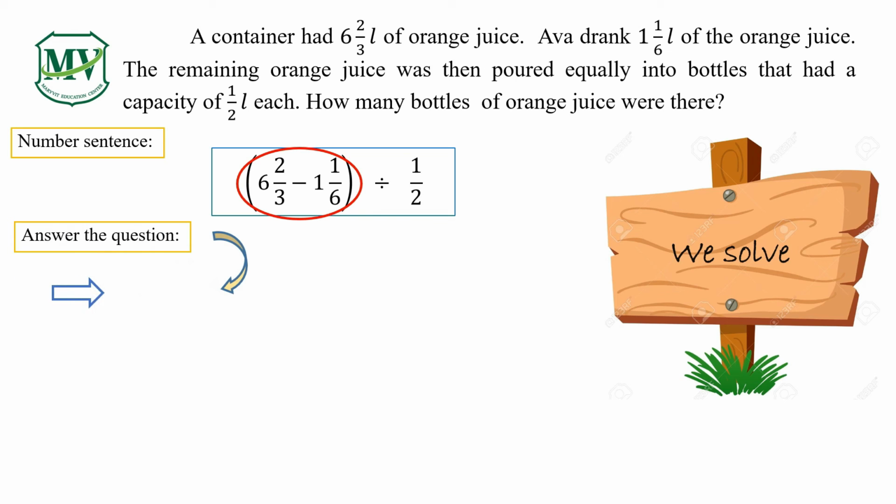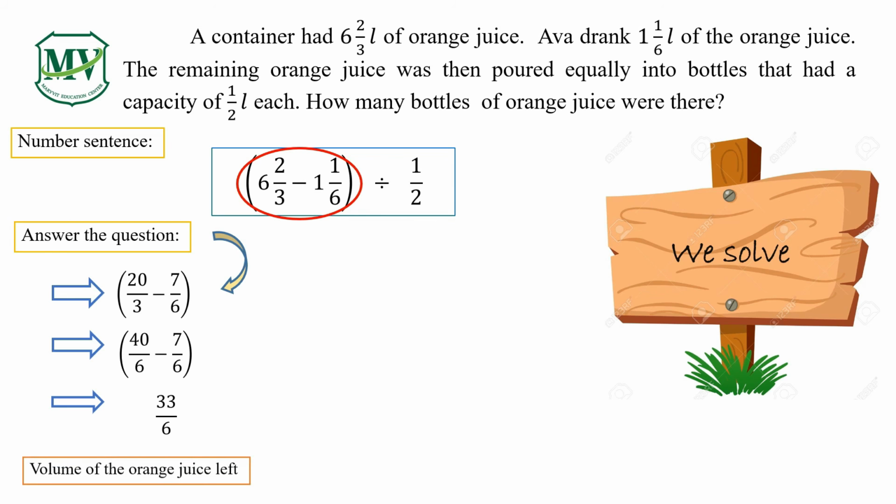That is 20/3 minus 7/6. Get the LCD of 6 and 3, which is 6. Then 40 minus 7 is equal to 33/6.